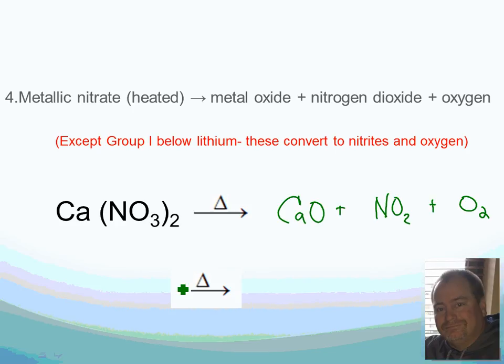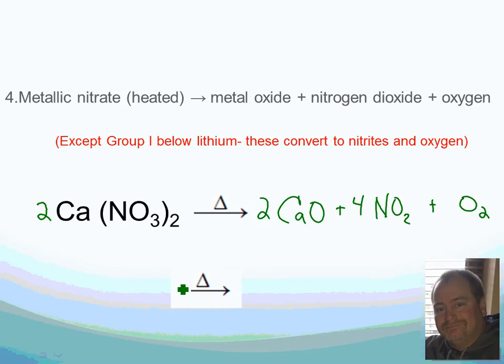So what am I going to do? I'm going to bring a 2 over here, which now what am I going to have to put in front of that nitrogen? A 4. So now I have 4 nitrogens. I have 2 calciums over here, so I'm going to put a 2 here. 2 calciums, 2 calciums.